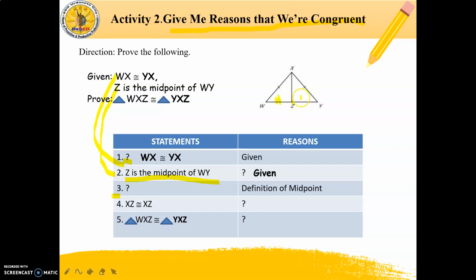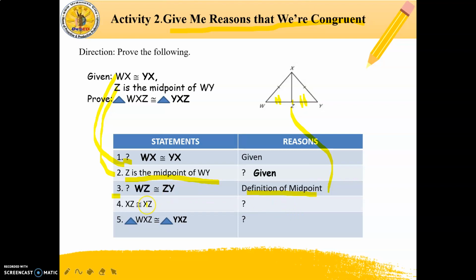Since Z is the midpoint, we can conclude that WZ is congruent to ZY. And what is the valid reason? Definition of midpoint. Because a midpoint is a point that divides a segment into two congruent parts. Can you follow?